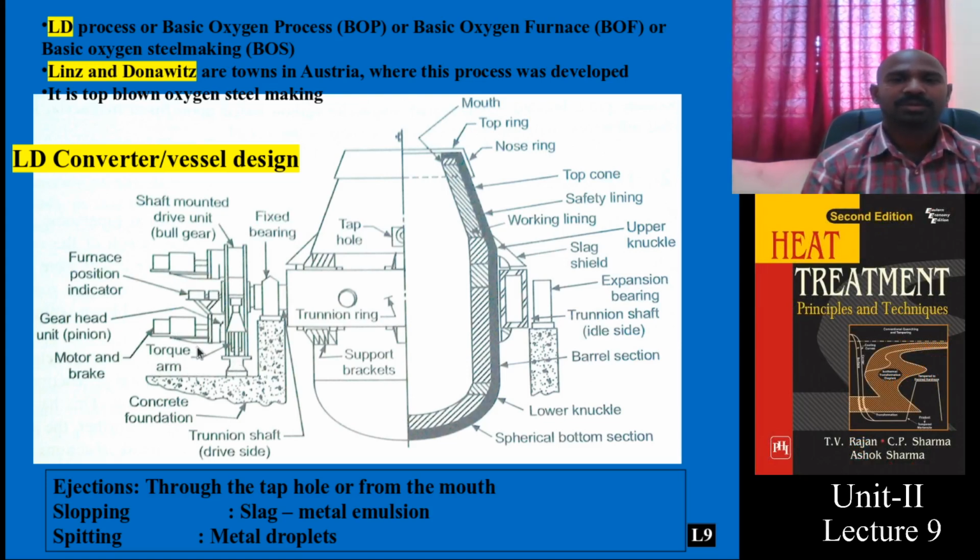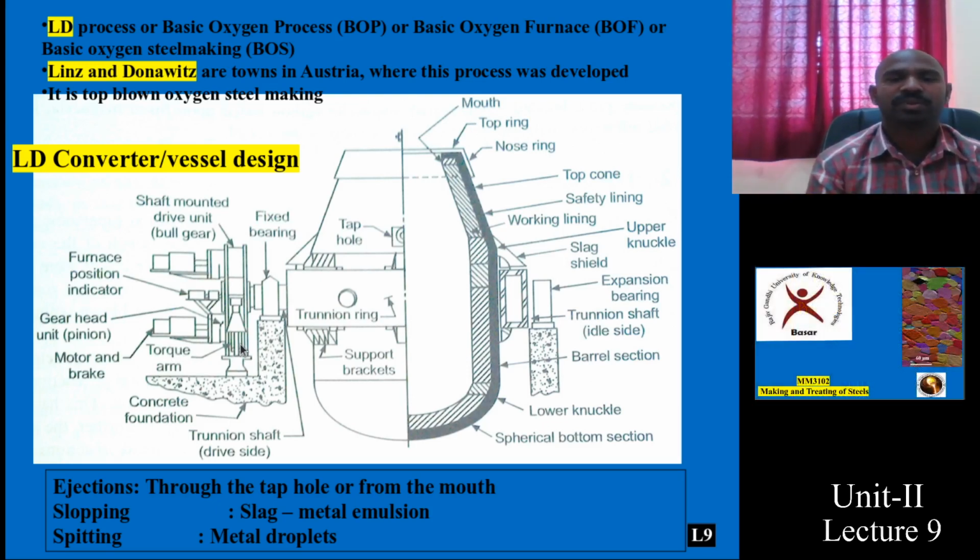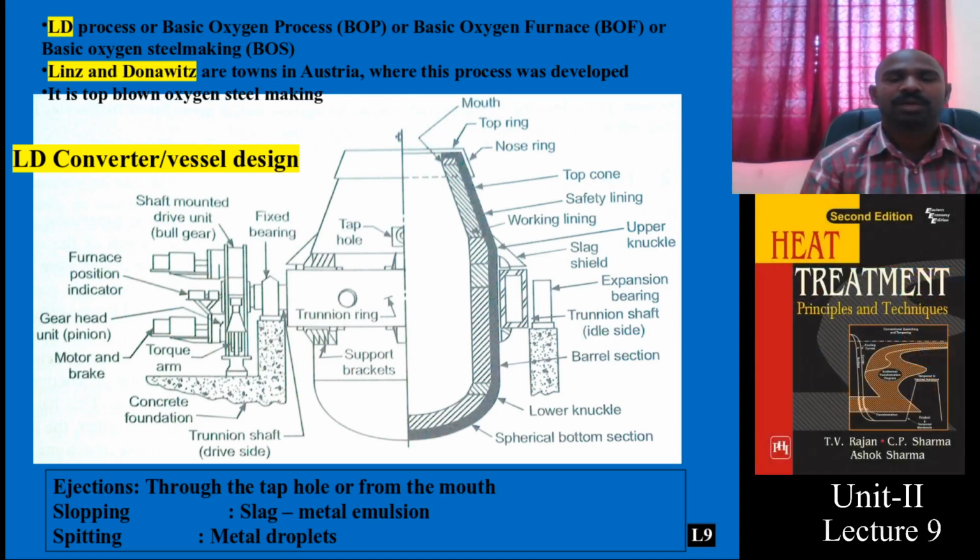By the torque mechanism, you can stop at 5 degrees for a while and take out the slag, then 10 degrees and 15 degrees, and at 45 degrees you can take out most of the molten metal. So these are the advantages of these things.